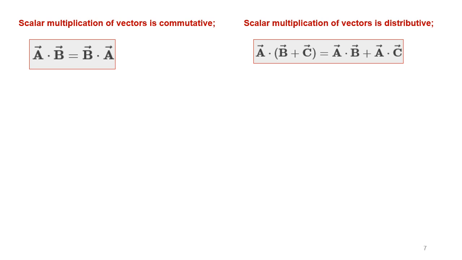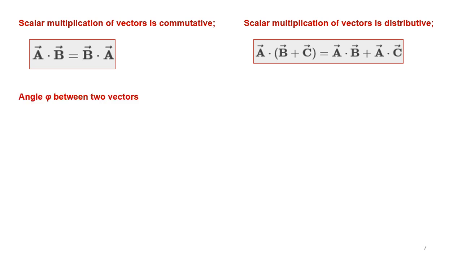On the left hand side, first you add B and C, within the bracket, then you take the dot product with A. On the right side, first you take the dot products of A with B and A with C separately, and then you add. Both ways are equal, so it is called distributive.